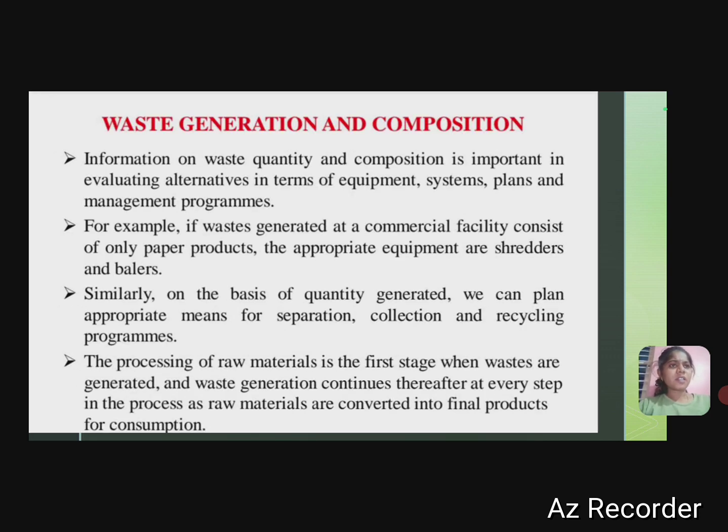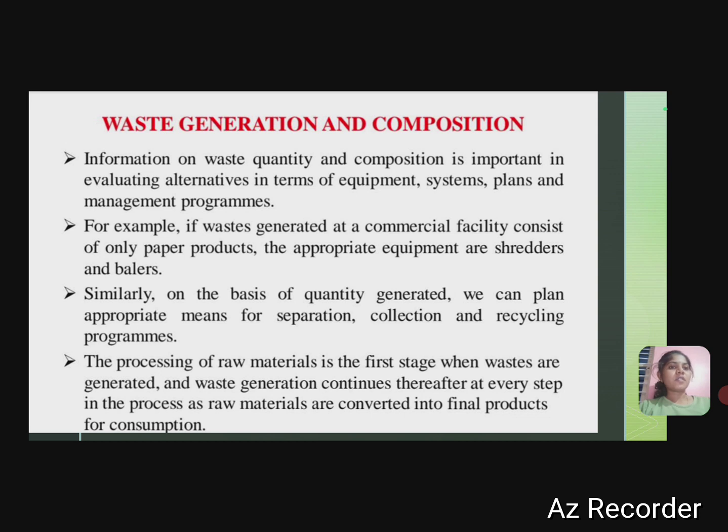Waste generation and composition. The information on waste quantity and composition is important in evaluating alternatives in terms of equipment, systems, plans and management programs. For example, if waste generated at a commercial facility consists only of paper products, appropriate equipment would be shredders and balers.